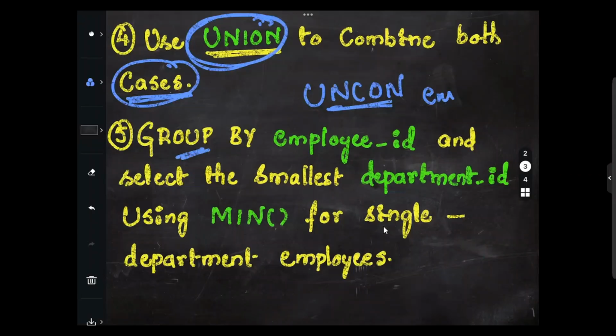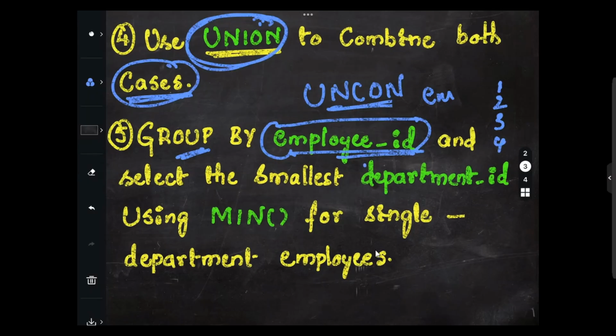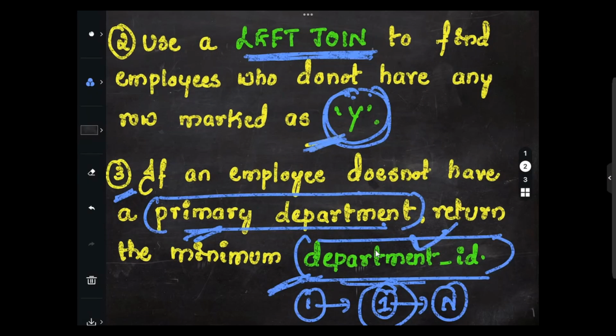Finally, we will group by employee ID. Why will we group by employee ID? Because in this case we need only one employee ID, so we ignore the duplicates. We group by employee ID and select the smallest department ID. We have already discussed this in the third step: if an employee does not have a primary department, then we return the minimum department ID.